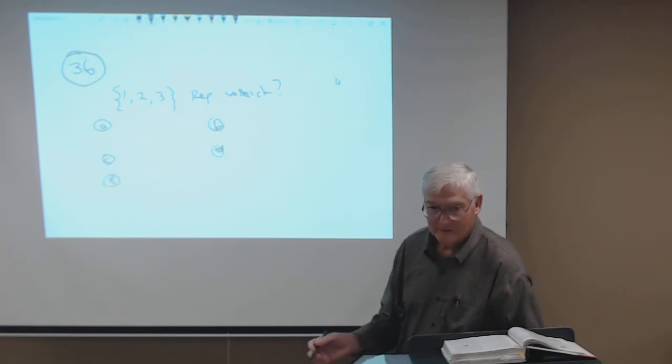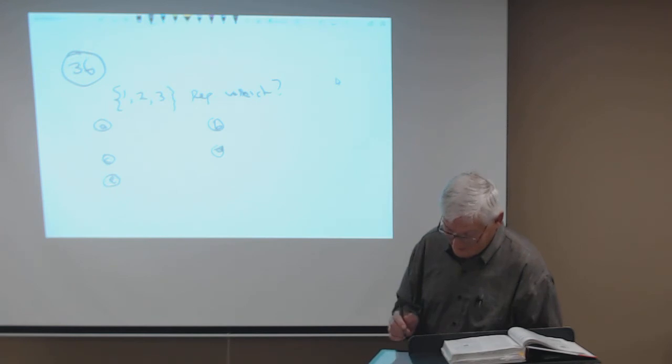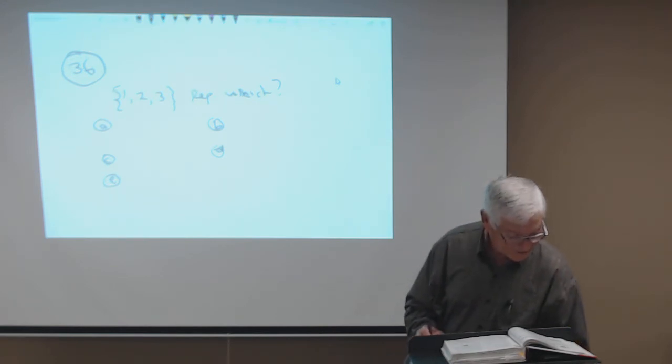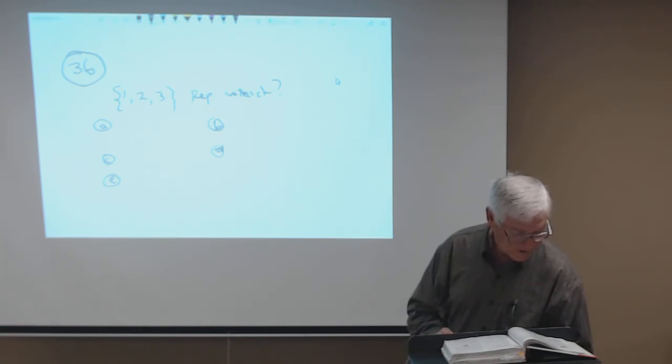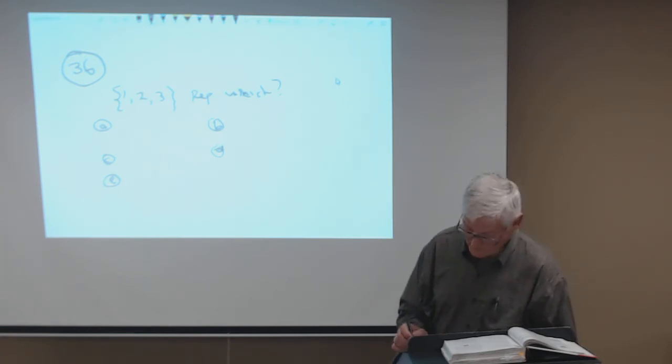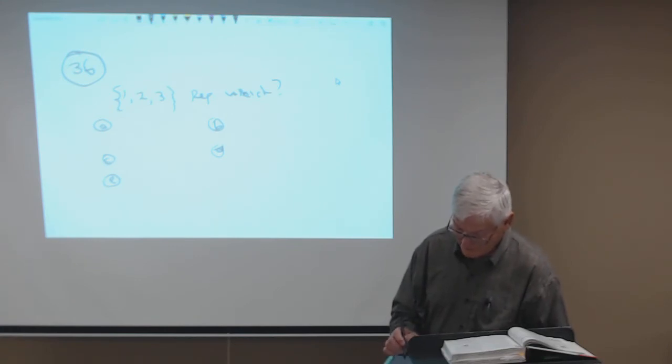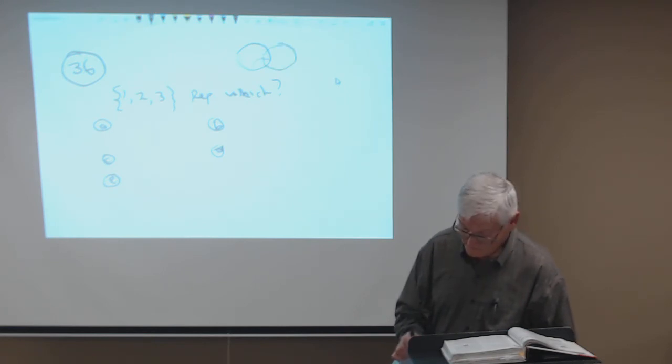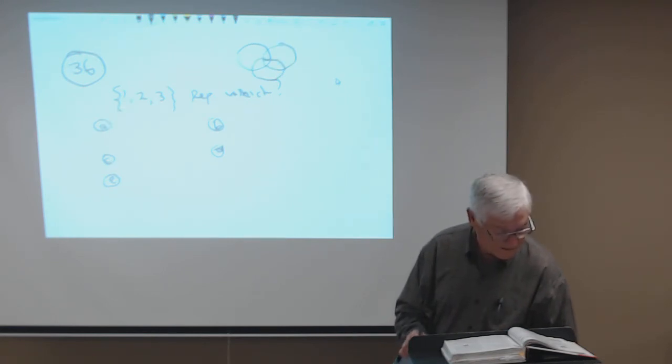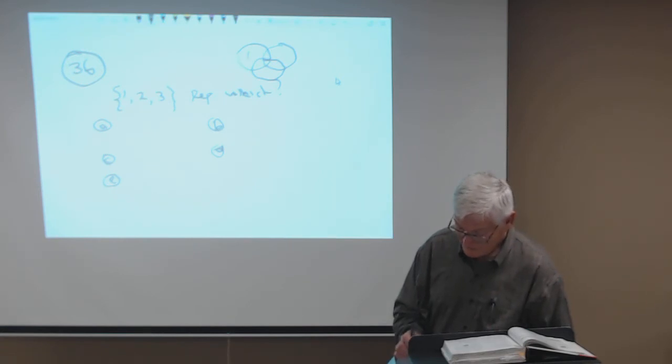This is a good way to get ready for the test. Now look at the picture. Do you see 1, 2, 3? It's in A and B. I'll draw it up here. 1, 3, 2.